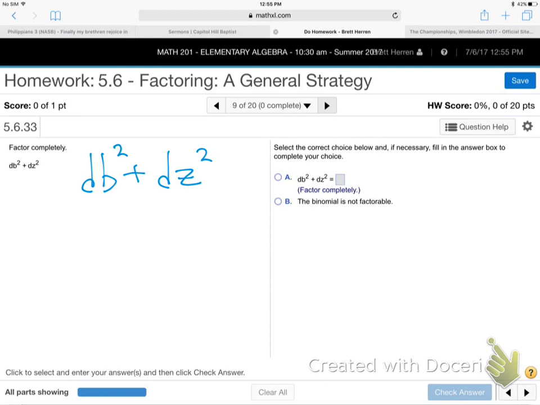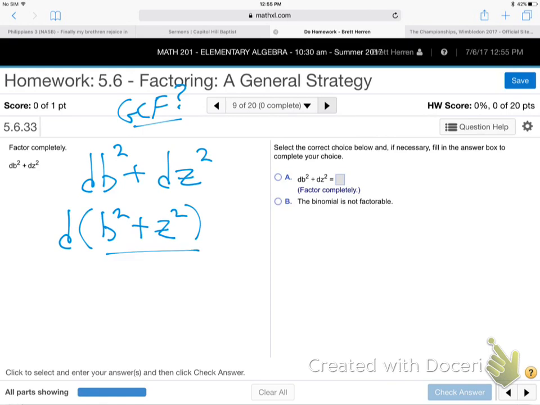GCF? There is a D. B squared plus Z squared. Good so far? Take out the GCF, 1 parenthesis, whenever you do the GCF, right?